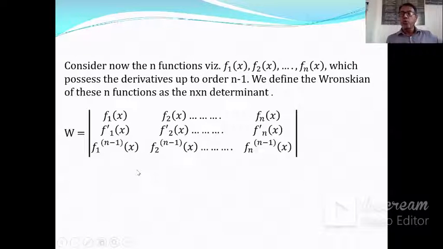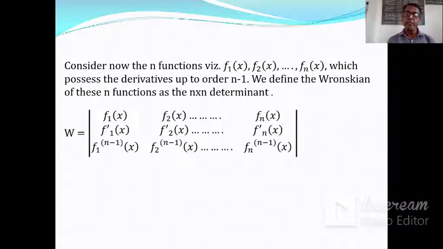What is the nth row? It is the n minus 1th derivative of f1, the n minus 1th derivative of f2, up to the n minus 1th derivative of fn. This determinant is called the Wronskian of the n functions f1 of x, f2 of x, up to fn of x.